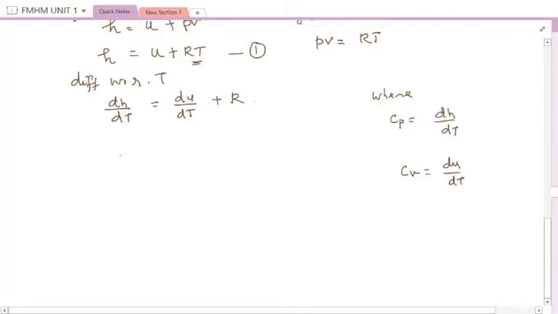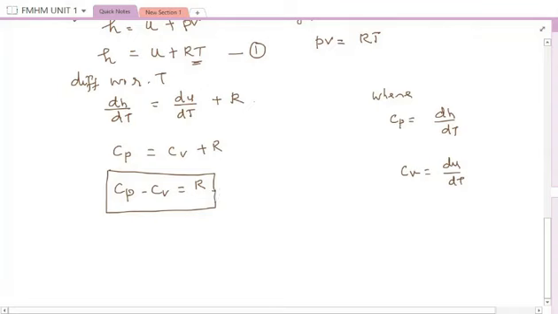Just replace the terms: instead of dH by dT, you can write Cp, and here Cv plus R. So from that, Cp minus Cv equals R. This is the relation you can form by using this equation: Cp minus Cv equals R.